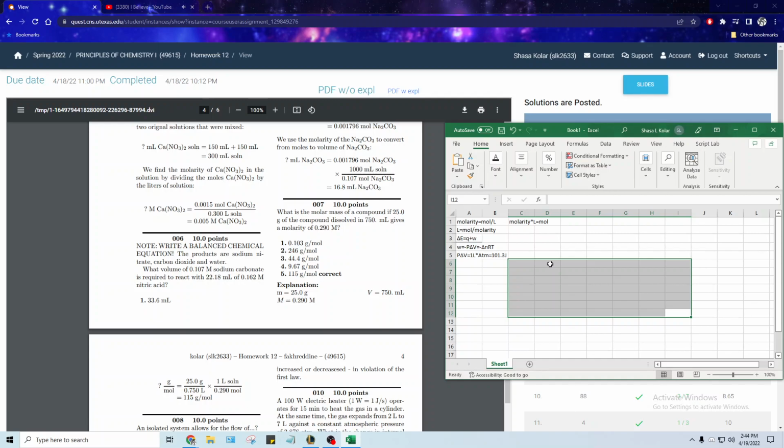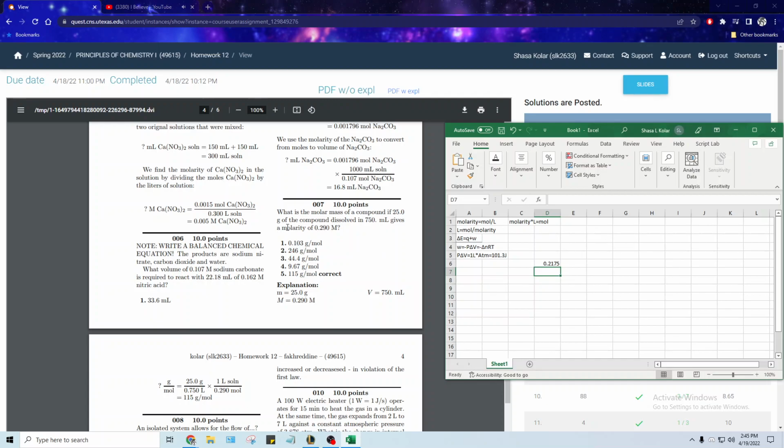Number 7. What is the molar mass of a compound of 25 grams? So all you have to do in this is calculate the number of moles. So this is just find the moles. Molarity times liters. So 0.75 times 0.29. This is probably the easiest one on the homework. That's our moles.